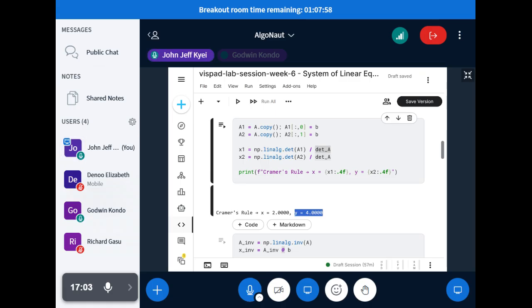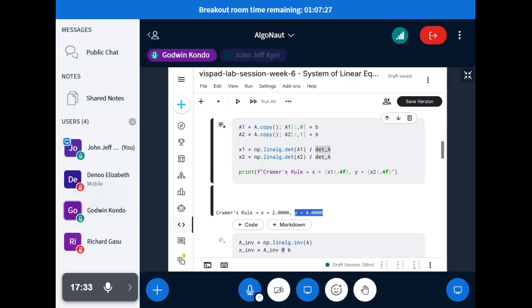It's impractical for large systems. This is just to understand how it works. In actual systems, we have larger matrices, and you can't be doing this for all of that, because determinants become difficult to compute repeatedly.